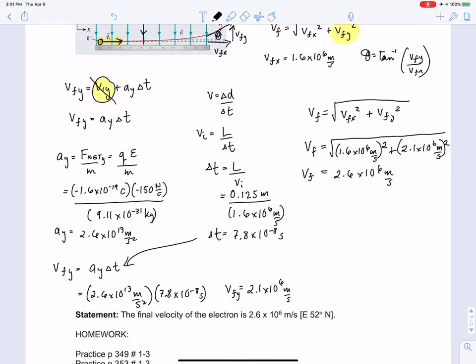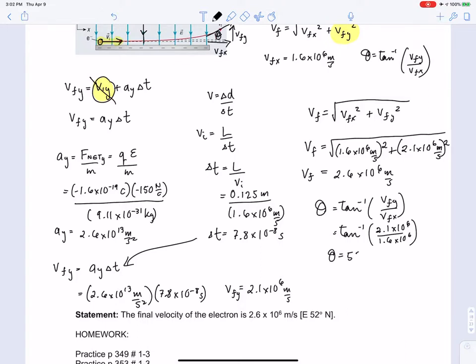Perfect. Now let's find the angle of this final velocity, which is equal to the inverse tan of v final y over v final x, which is 2.1 times 10 to the power of 6 over 1.6 times 10 to the power of 6.